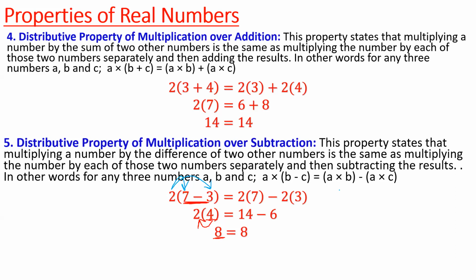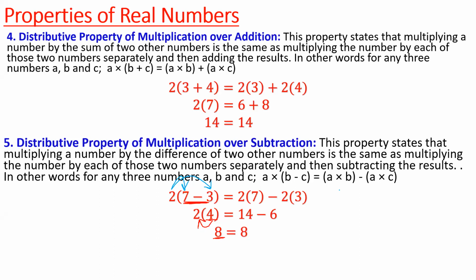Distributive property of multiplication over subtraction. This property states that multiplying a number by the difference of two other numbers is the same as multiplying the number by each of those two numbers separately and then subtracting the results.